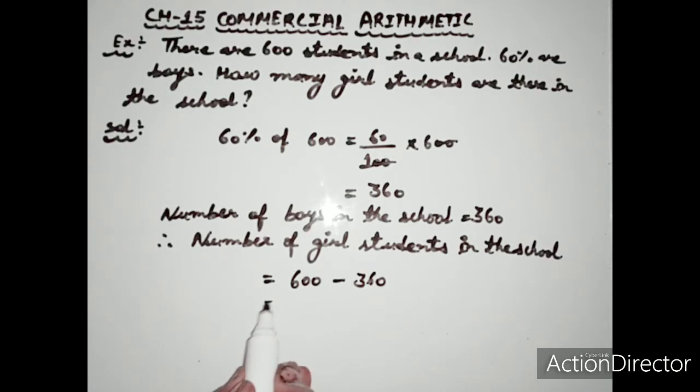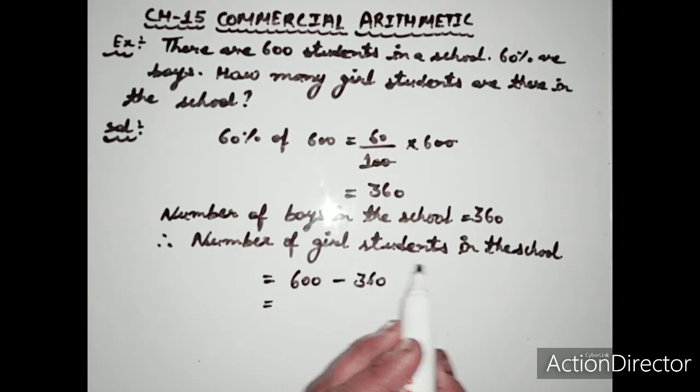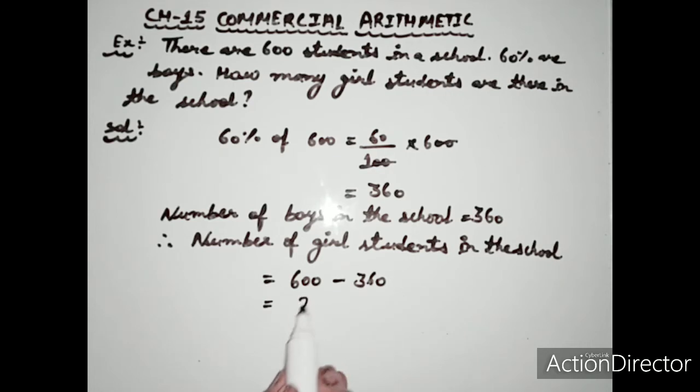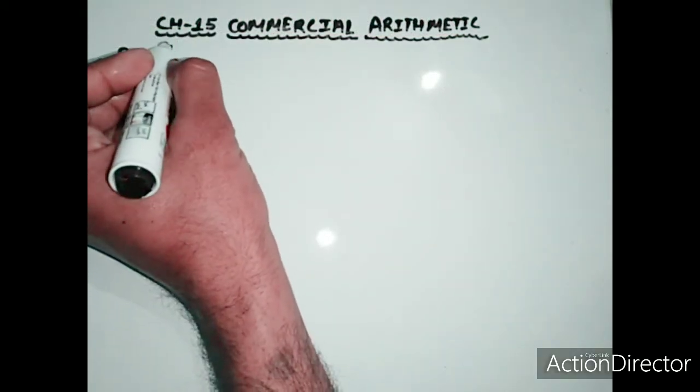Now here we get number of girl students in the school 240. Now the next example.